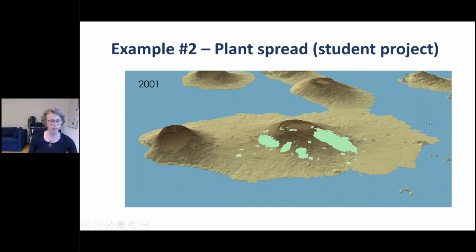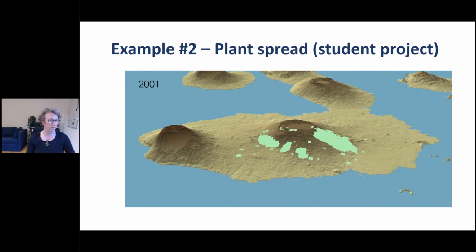Right, example number 2, plant spread. So let's start from the beginning again. The spread of an invasive species in the Galapagos Islands that makes huge problems there, and all the other trees are overcrowded with these plants. So this is a student's project given on the distribution, some hypotheses how this distribution works.